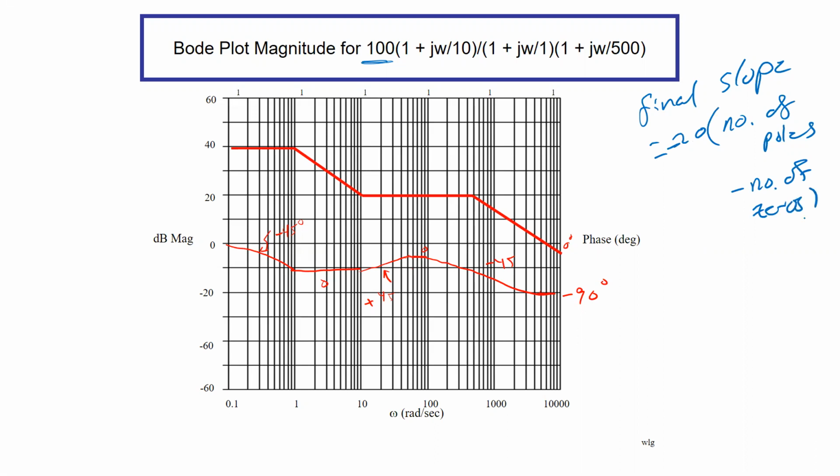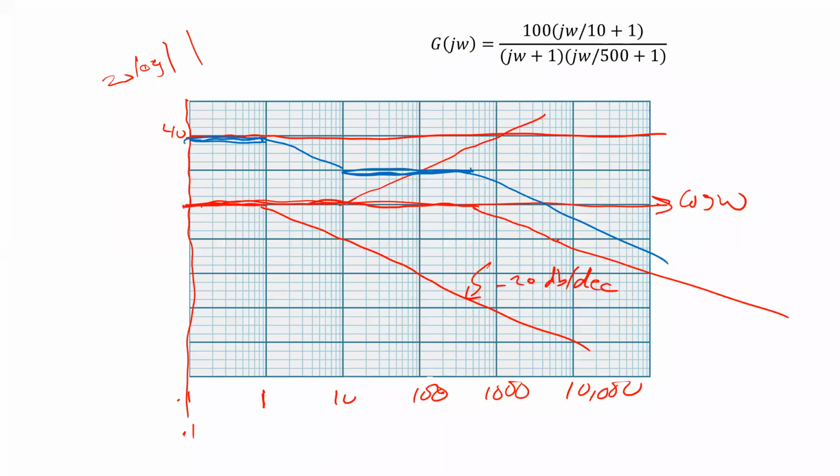So in advance, ahead of time, you know what the final slope will be that we are going to reach. Any question here before we go to the phase? The phase is a little bit more complicated in the approximation. Any question before we go to the phase? Let me clear and let me start with the phase.